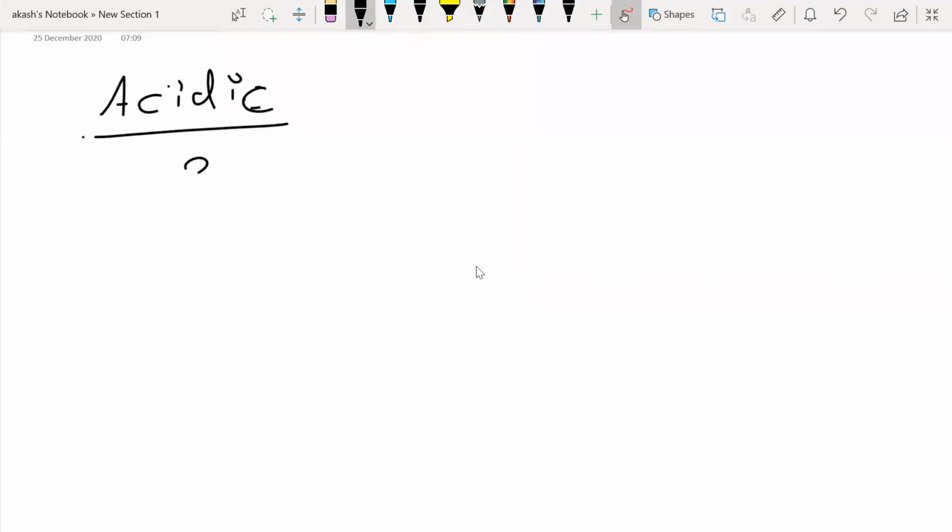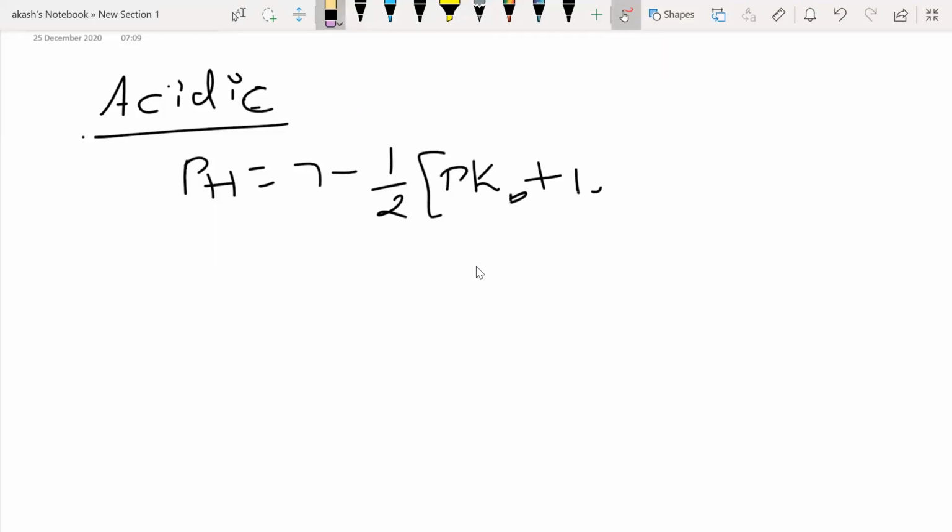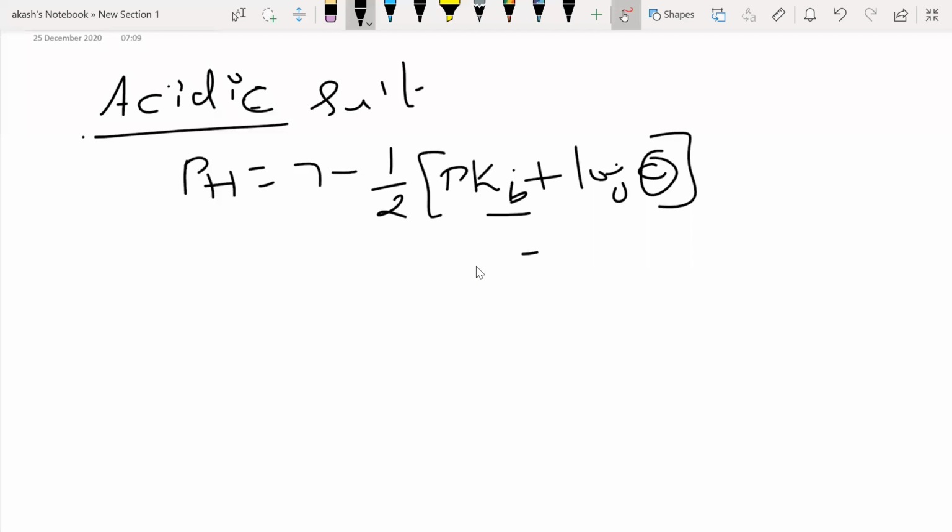For acidic salts, pH will be 7 minus half into pKb plus log C. This pKb is the weak base's pKb value, and C is the concentration of the salt. This is for an acidic salt.